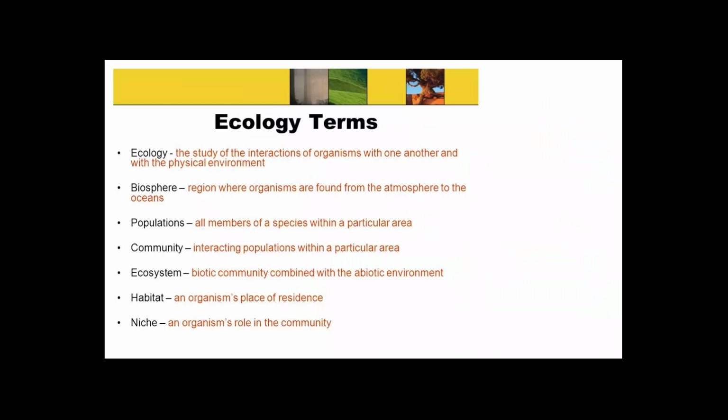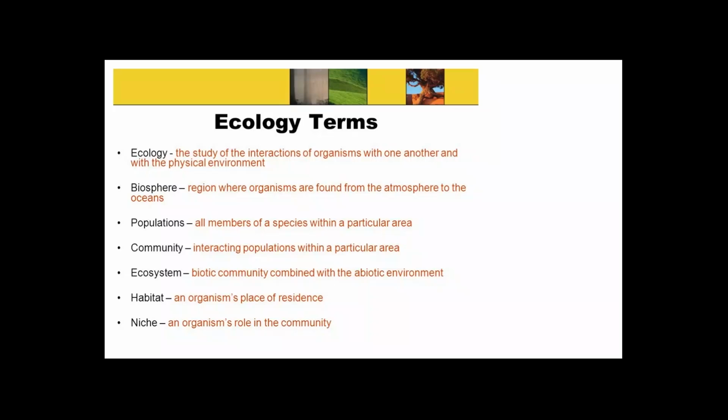We're also going to look at ecological terms. So ecology is the study of interactions of organisms with one another and the physical environment. Biosphere, where organisms are found, from the atmosphere to the oceans. Populations, which are numbers of a specific species. Community, all the interacting populations.